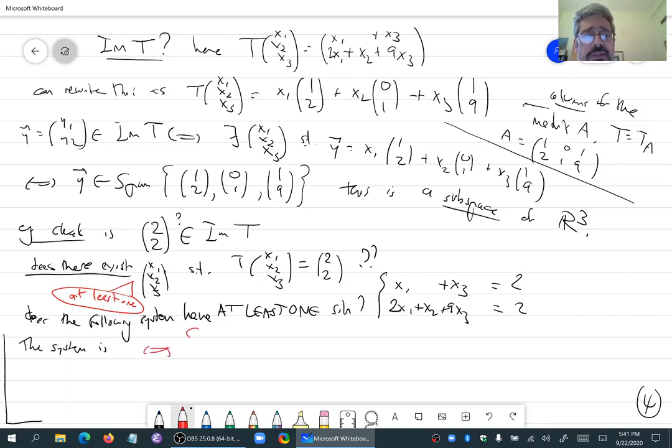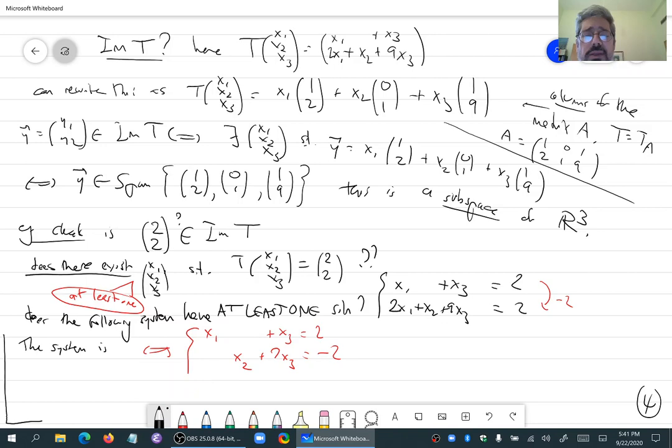And then the system is equivalent to what system? Well, again, you subtract 2 times the first from the second, and you get x2 plus 7x3 equals 2 minus 2 times 2, so that's minus 2.